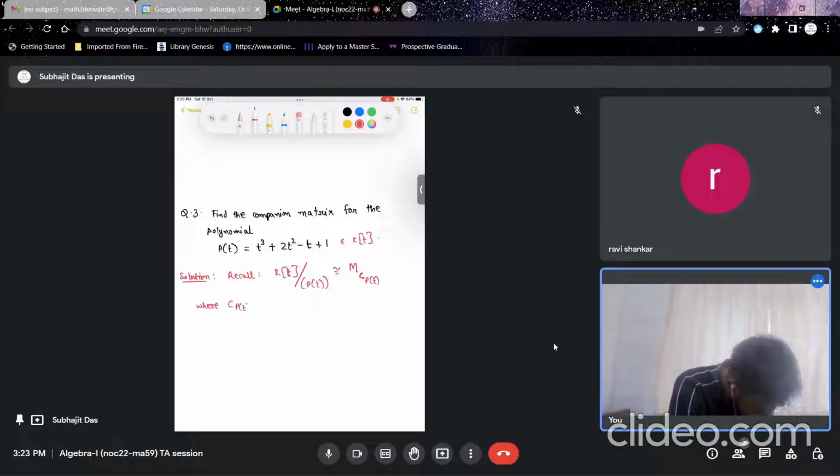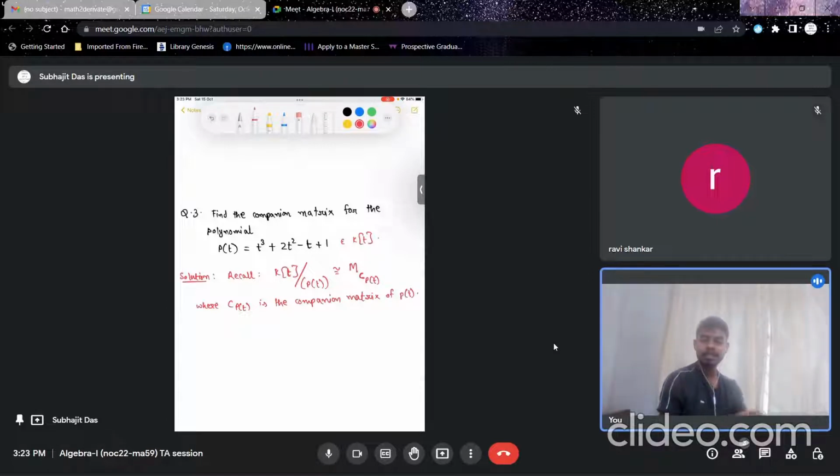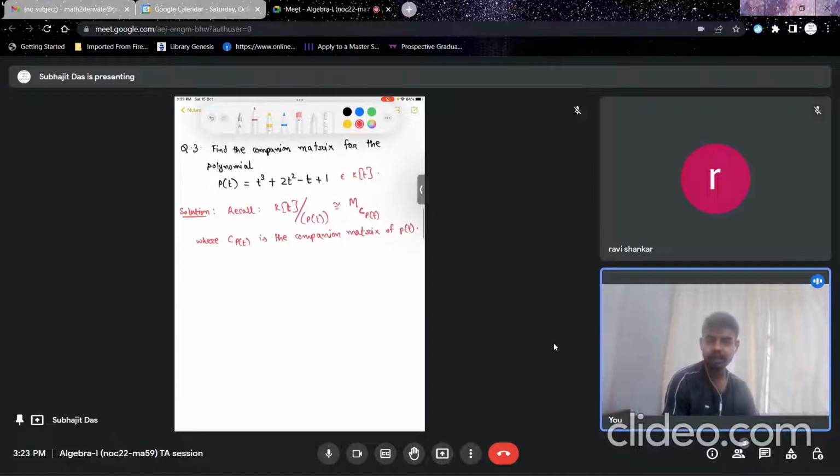C(p(t)) is the companion matrix of p(t). So from this description, by considering the canonical basis of k[t] mod the ideal generated by p(t) and looking at the action of t, you can determine what C(p(t)) is, but we already know what it looks like, so let us just quickly write it down.